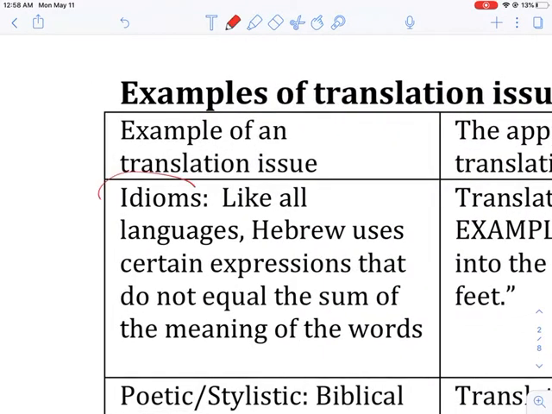And so an idiom is like a figure of speech, an expression. And every language has some. We often use them when there's something more uncomfortable that we're talking about. So, for instance, in class, you might raise your hand and say, can I go to the bathroom, or can I use the restroom?